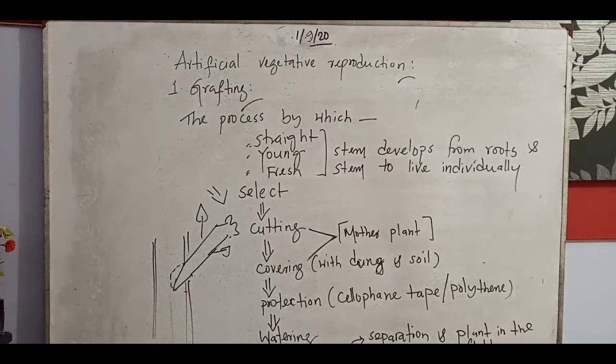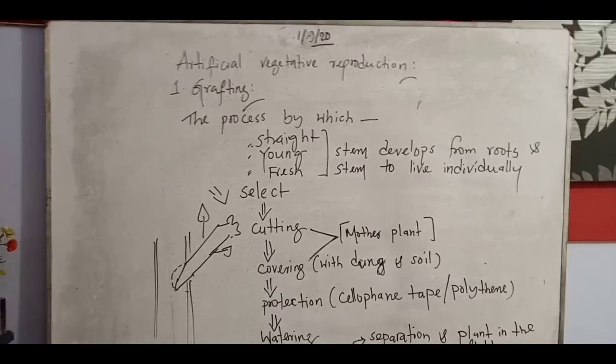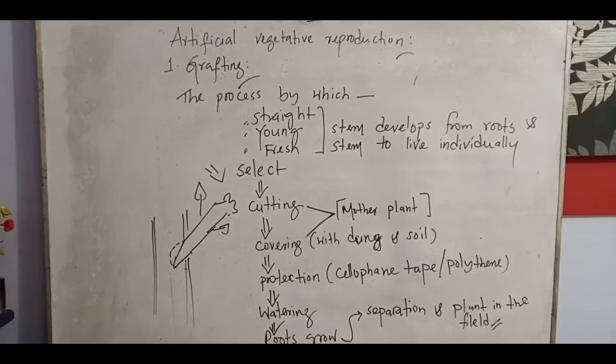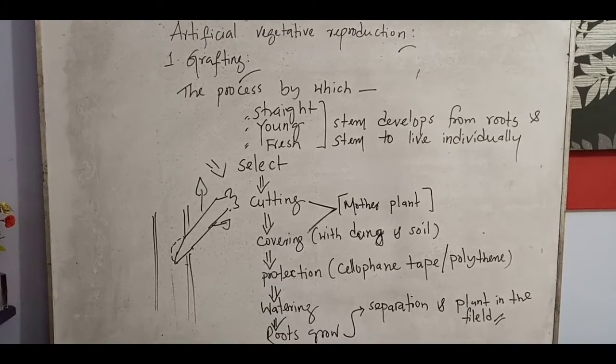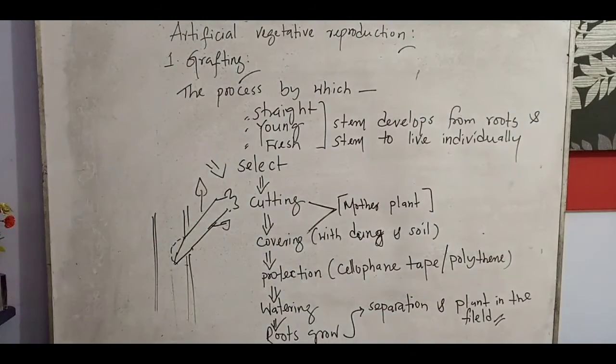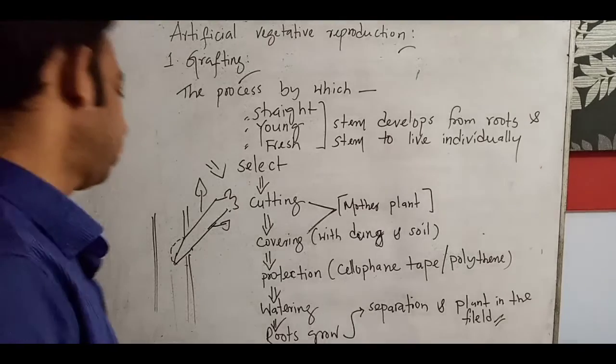I will go through the total process of grafting because it is asked in exams. Very importantly, I need you to know the process of grafting. If you don't understand and just memorize, it will be very tough to recall. So you need to understand the topics we are discussing.